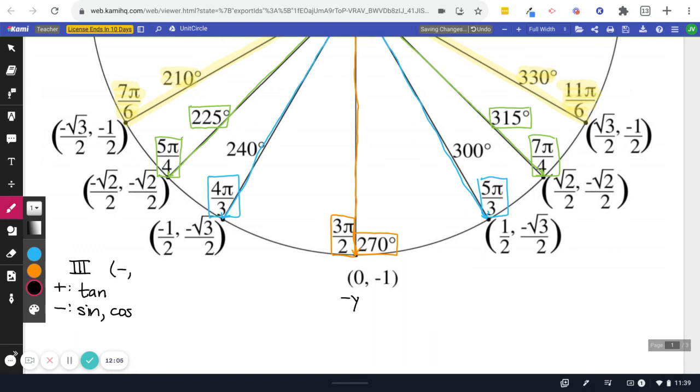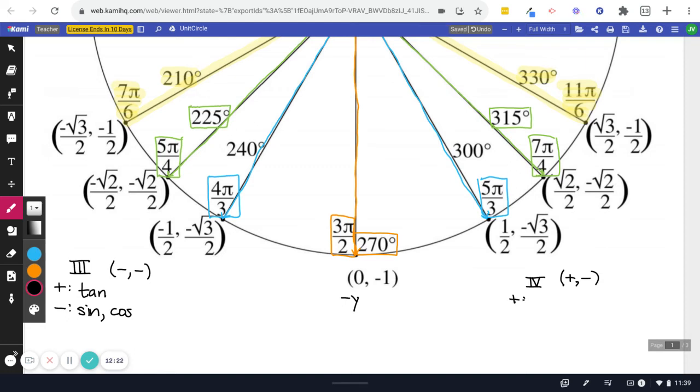All the ordered pairs here are negative, negative. It just so happens that when you divide two negatives, tangent turns back positive. And in quadrant 4, we are looking at ordered pairs where x is positive, but y is negative.